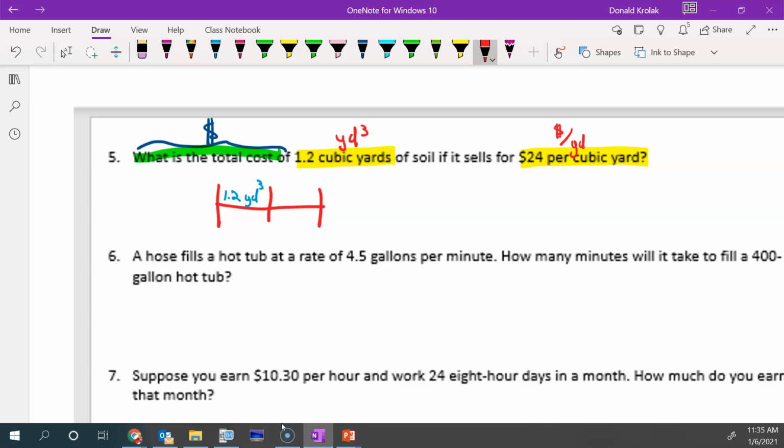And then I put a 1 cubic yard, and you can see now the yards cancel. So again, this is really just a multiplication problem. And that's $28.80. All right, so again, pretty straightforward. That one you're just multiplying.